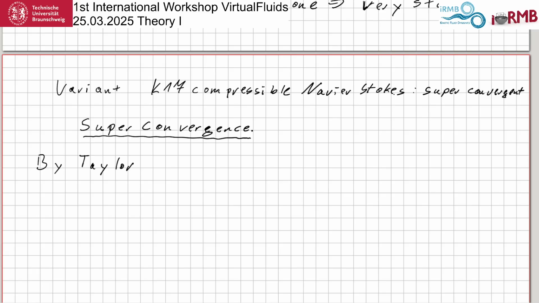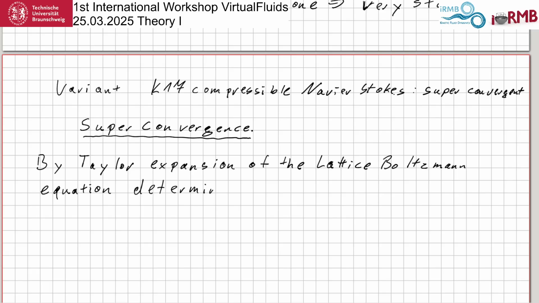Okay, one sentence here. By Taylor expansion of the Lattice-Boltzmann equation, that was equation number 1, the only equation that we numbered, we want to determine what we call the linearized leading order, linearized in terms of Mach number.